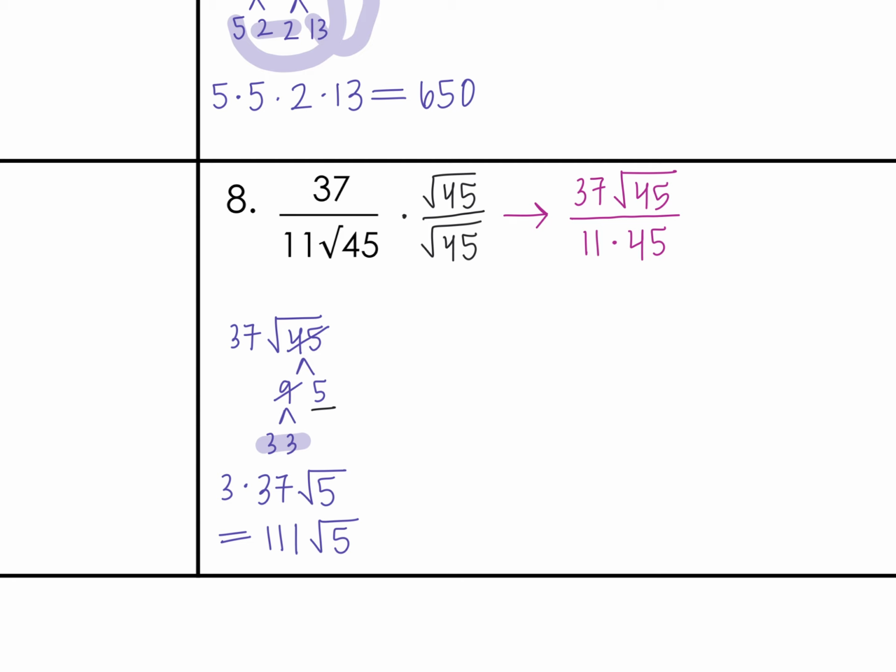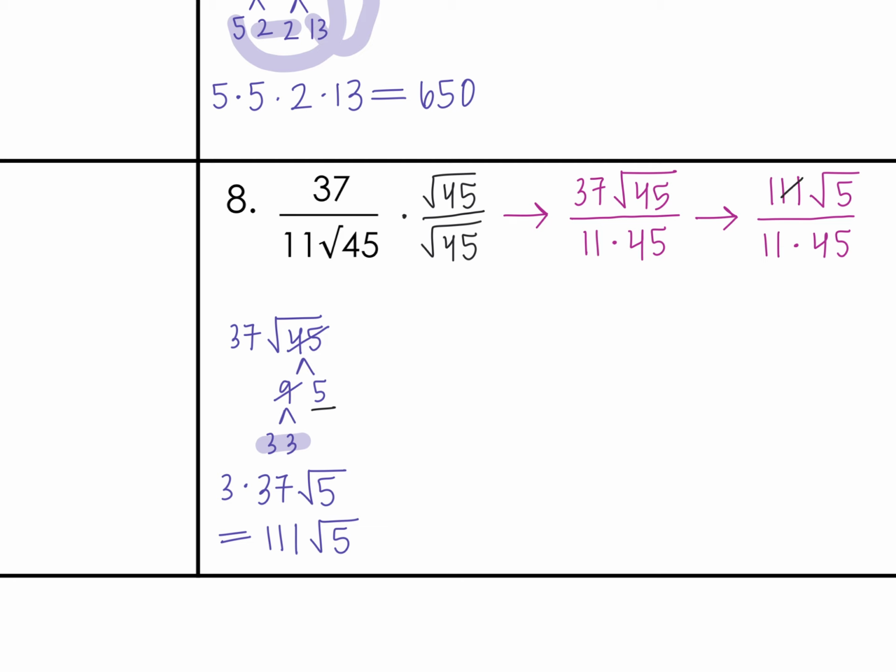Okay, so going back up here, I'm going to replace my numerator with that. We have 111 square root of 5 over, and here I'm going to make my life a little bit easier. I'm going to leave it as 11 times 45 and just simplify it this way. Looking at it, here we have that 111. I can divide that by 3.